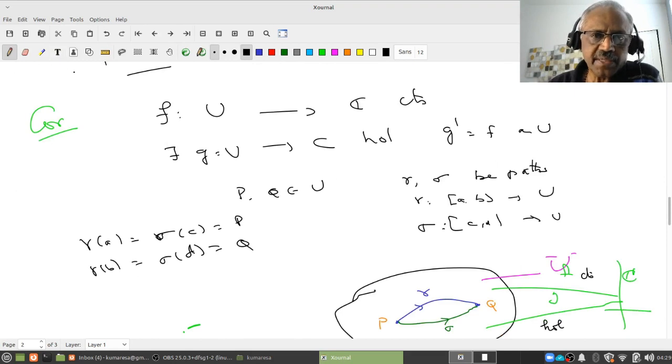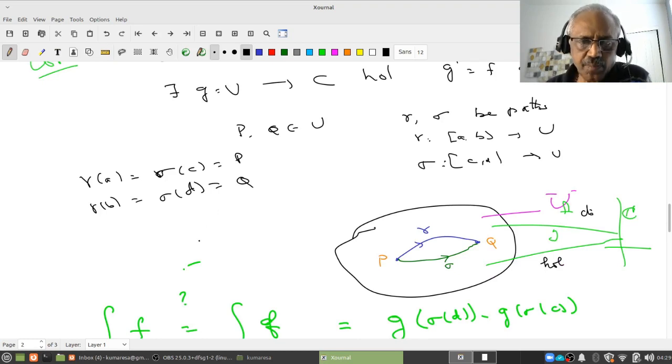So let f be a continuous function from U to C. Assume there is a g from U to C, holomorphic, such that g' equals f. Let us take two paths, gamma and sigma, in U, but their endpoints are the same. That is, gamma(a) equals sigma(c) equals p, and the terminal point of gamma, gamma(b), equals the terminal point of sigma, sigma(d), which equals q.